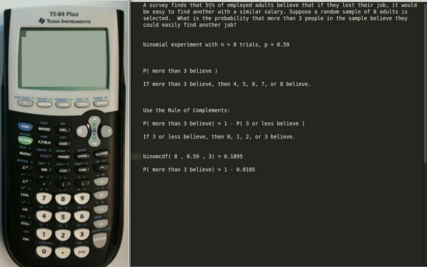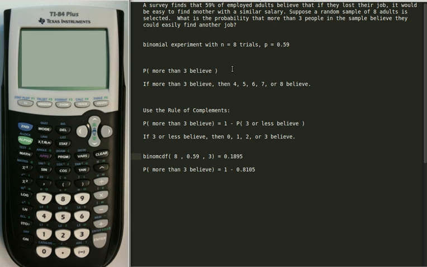They tell us that the probability of a success, and by success we're saying that the person believed they could replace their job easily, is 0.59. So we have 8 trials, and the probability of success is 0.59. What they're asking us for in this problem is to calculate the probability that more than 3 believe.